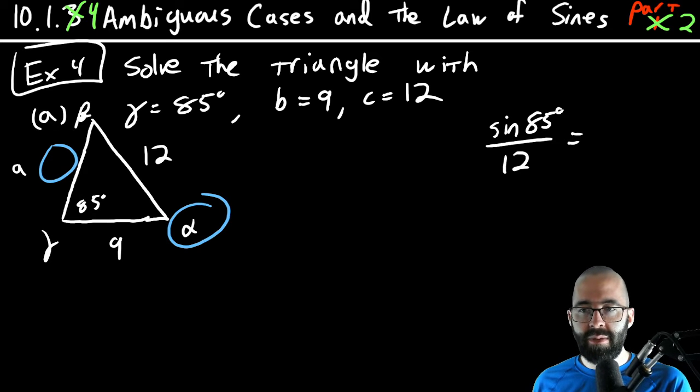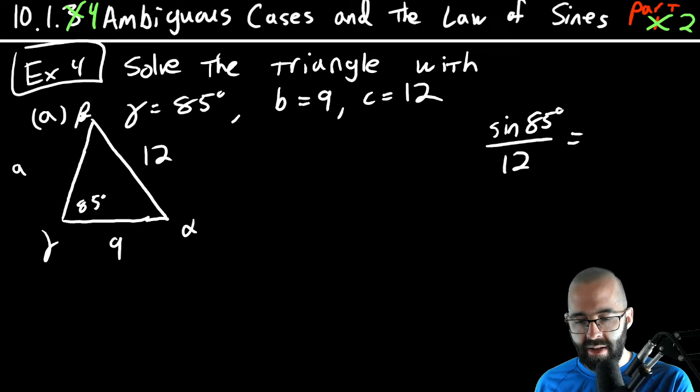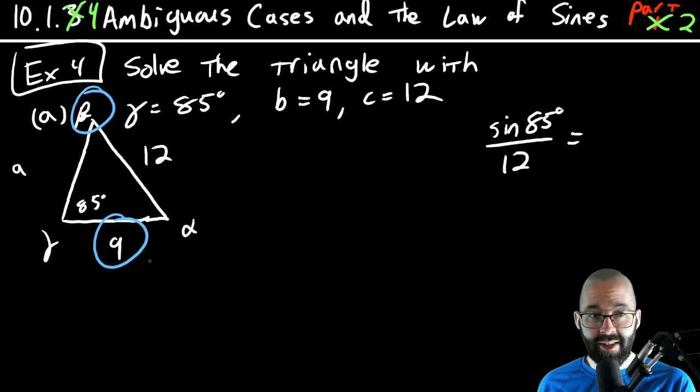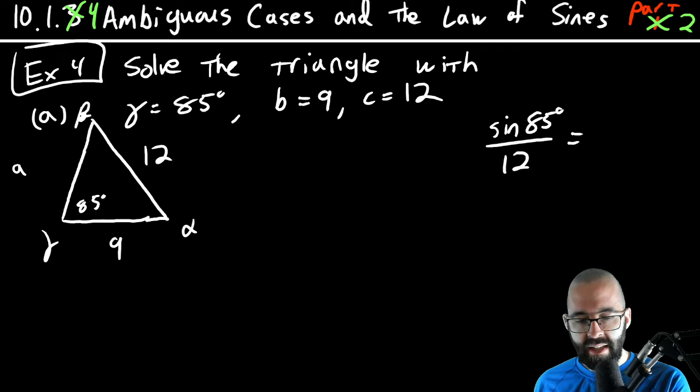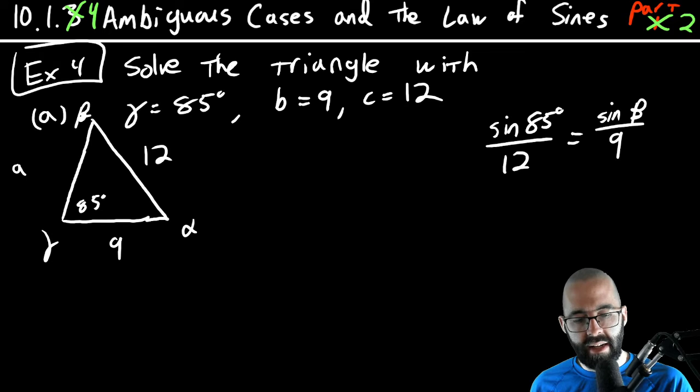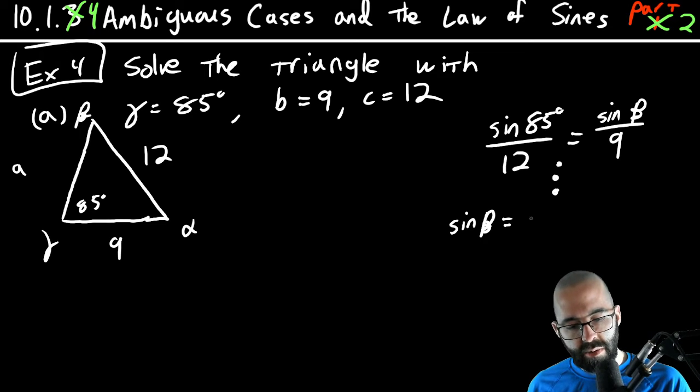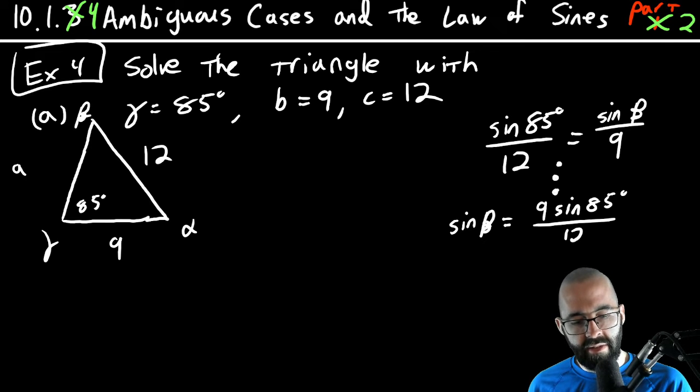We don't want to choose the pair where we don't know either one; we want to choose this pair because we know one of them. Follow the steps to solve for the sine of beta. You should get that the sine of beta is equal to 9 times the sine of 85 degrees divided by 12.